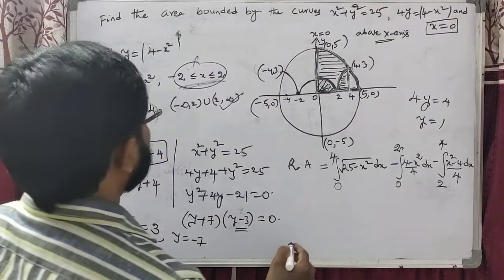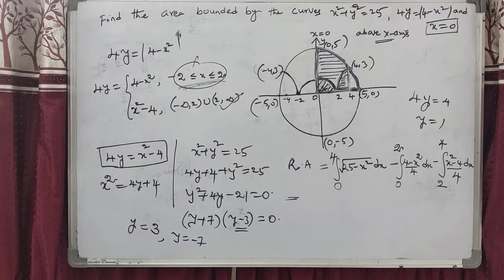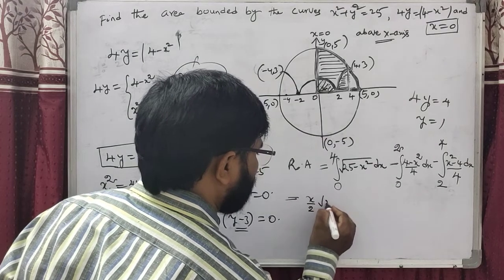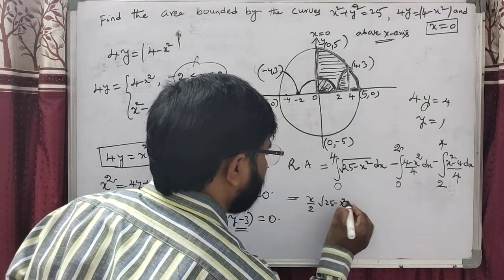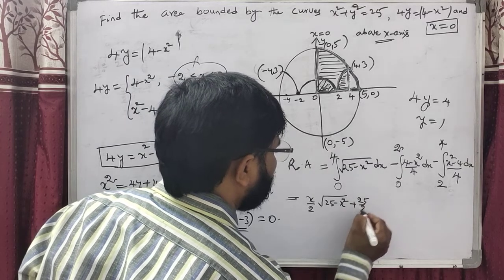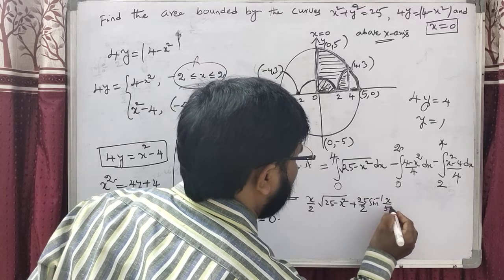Dear students, we know the formula for root of a square minus x square: x by 2 root of a square minus x square plus a square by 2 sine inverse of x by a.